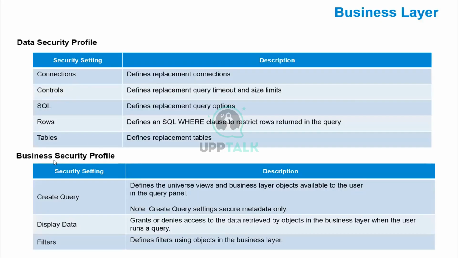We have two security profiles in the universe: the data security profile and the business security profile. The business security profile is defined on the universe views and business layer, whereas the data security profile is defined at the connection level itself.